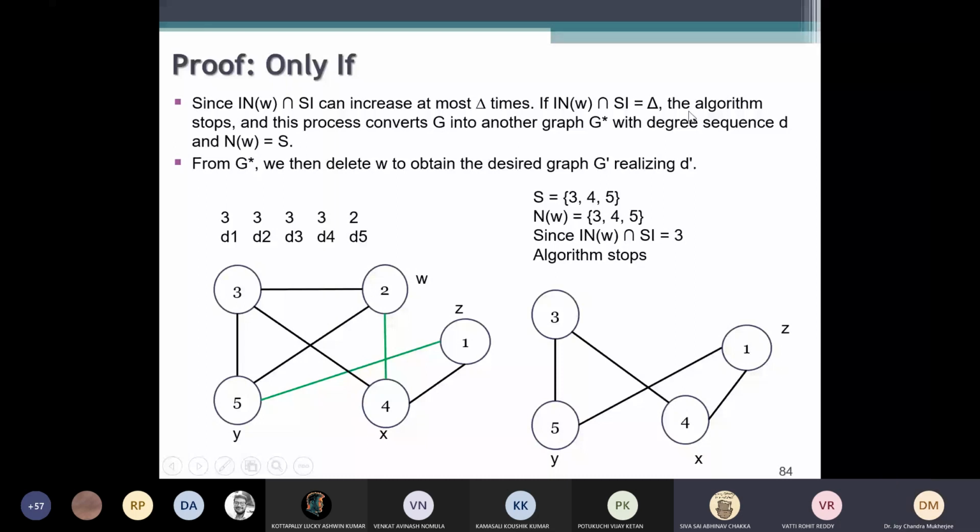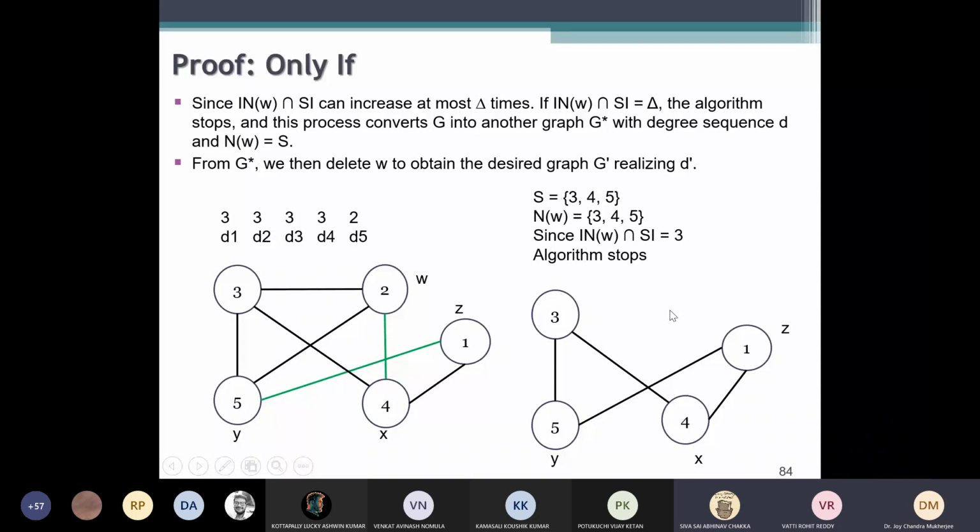Now if I delete W, you see that in this case NW equals S. That's why NW intersection S is 3. So the algorithm stops. So now I can delete this W and I create this graph.